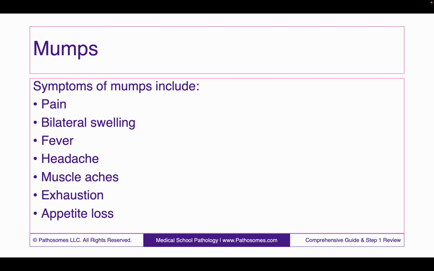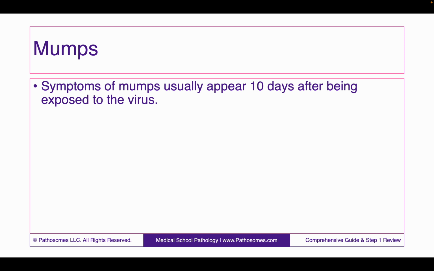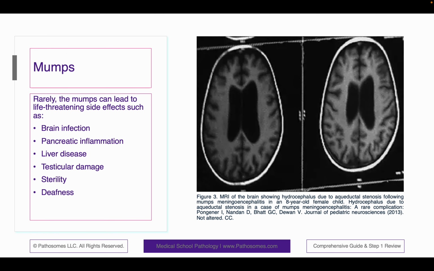Symptoms of mumps include pain, bilateral swelling, fever, headache, muscle aches, exhaustion, and the dreaded appetite loss. Symptoms of mumps usually appear about 10 days after being exposed to the virus. Rarely, mumps can lead to life-threatening side effects such as brain infection, pancreatic inflammation, liver disease, testicular damage, sterility, and deafness.